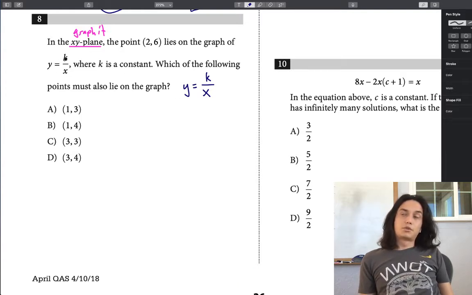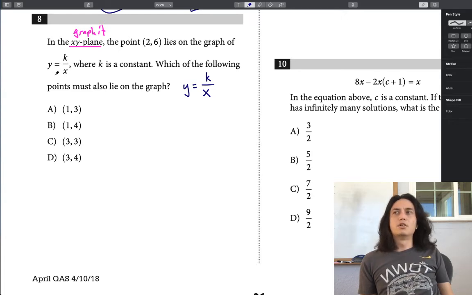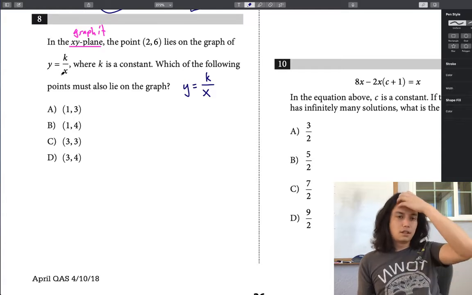And you saw me panicking, you know. But then again, this is not the hardest question on the test. And the SAT, this test, does not test our understanding of weirdly structured equations like this.